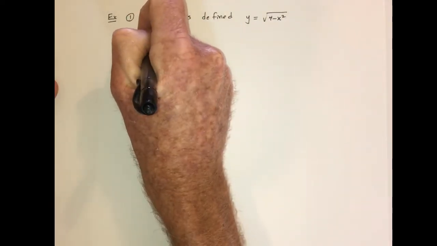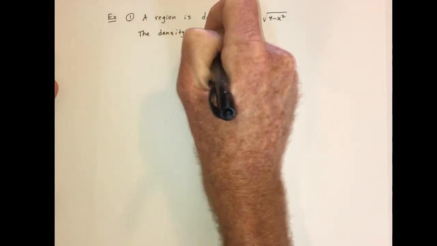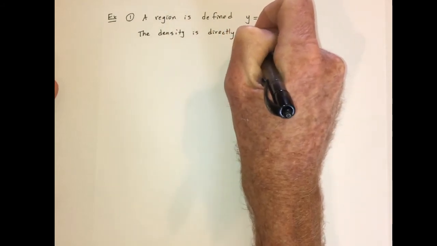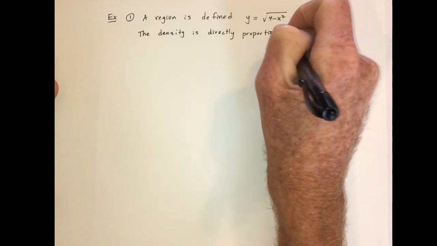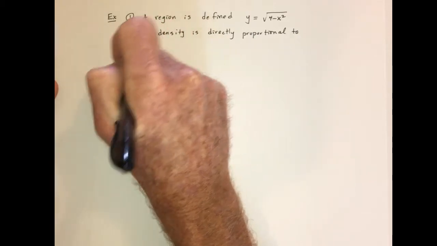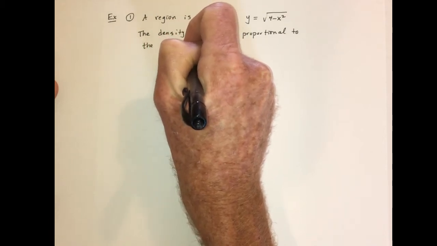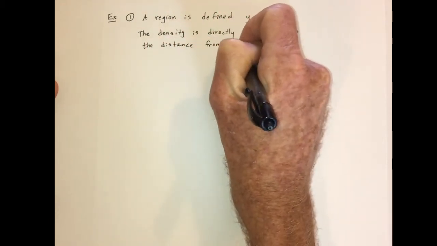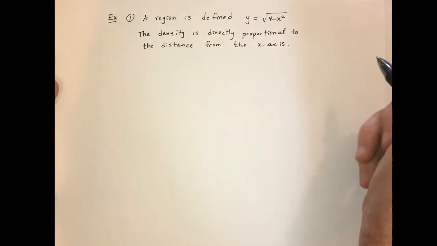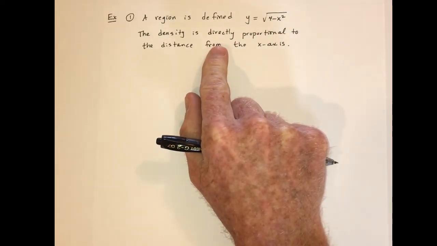The density is directly proportional to the distance from the x-axis. So not only do we get to do 3 integrals, but we have to find out what this function is talking about.